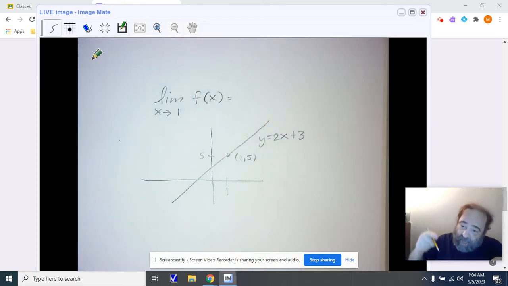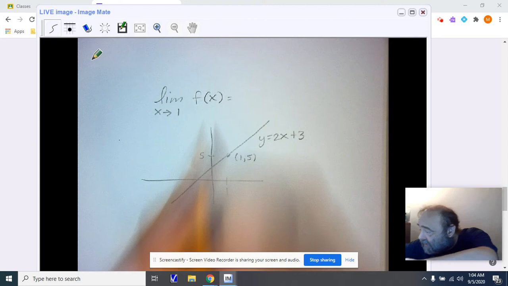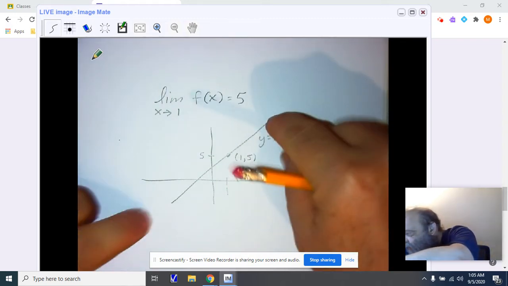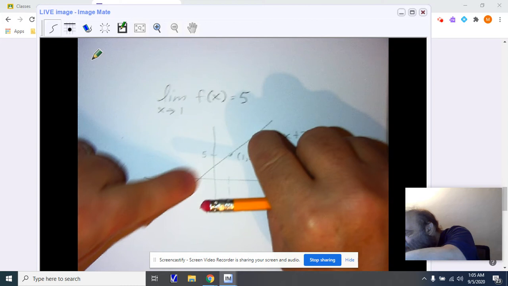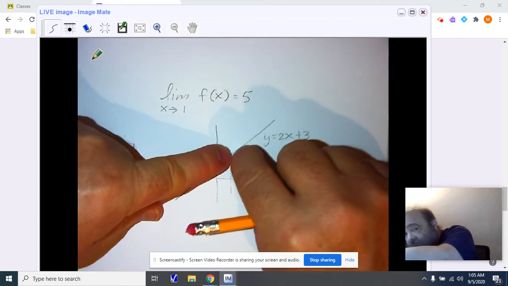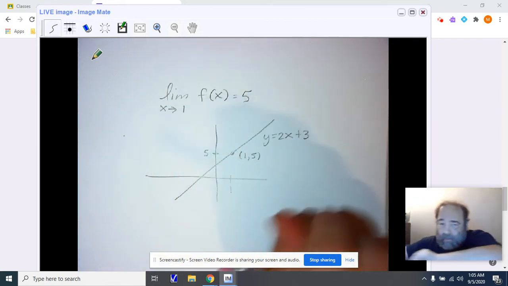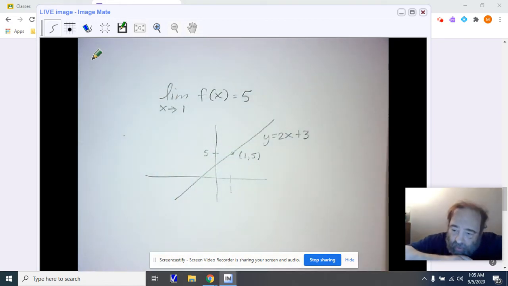If, coming in from the left and the right, we approach the exact same point, then the limit is said to exist, and that limit is the y value. This is referred to as the finger test: moving your fingers along the graph of our line or curve. When they meet at the point, the y value of that point is going to be our limit.